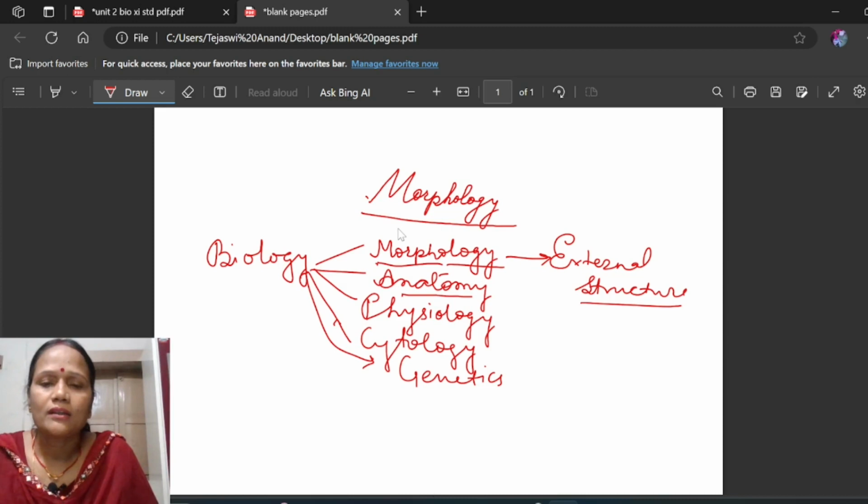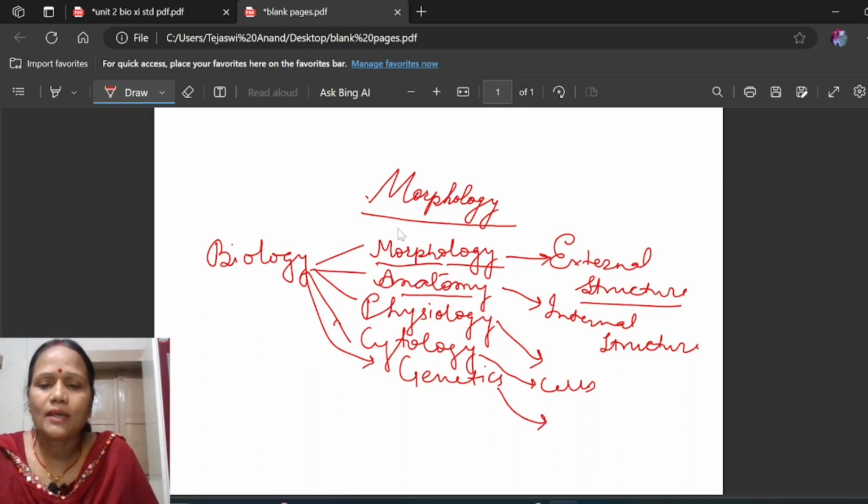But when we study the internal structure, how a tissue looks, how a cell looks, that is called the branch of anatomy. When we learn about different metabolic processes occurring inside the body of a living organism, that is called physiology. When we study only cells, it is called cytology.